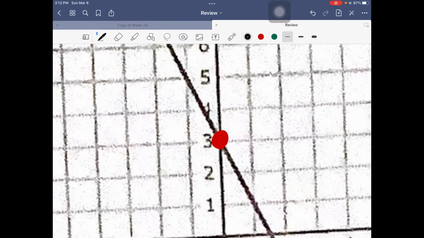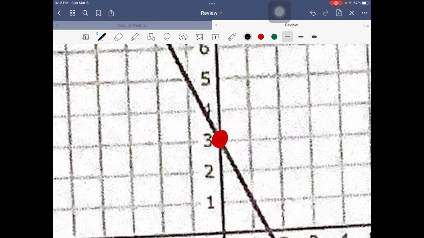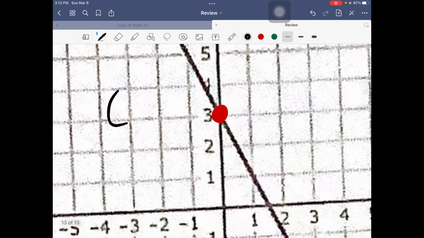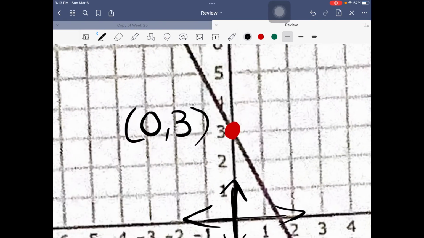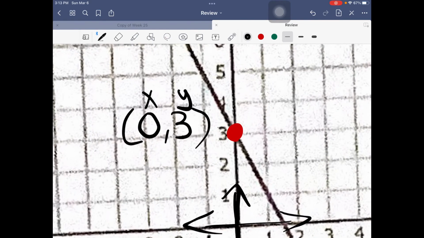We already have one right here. This one didn't move anywhere on the x-axis, so that's going to be 0. And then top to bottom, it did move, and it moved 3. So you already have one of them. This is going to be x, this is going to be y.